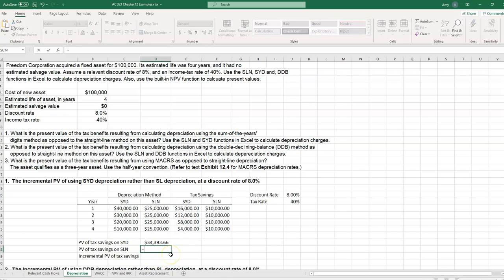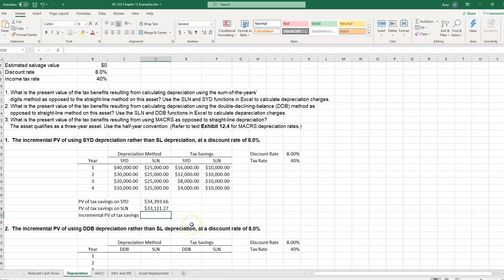And then we'll calculate the net present value of the straight line values. Okay, and that gives us the net present value. Now the difference between the tax savings. So we see that the present value of the sum of years digits depreciation is higher than the present value of the straight line depreciation.